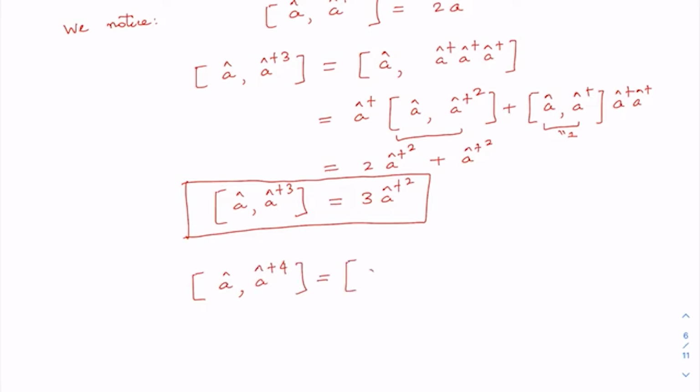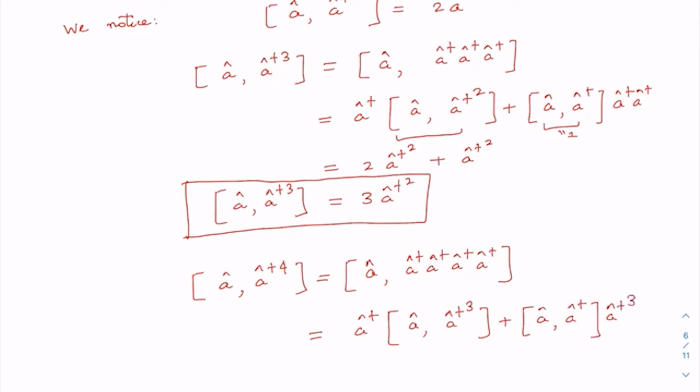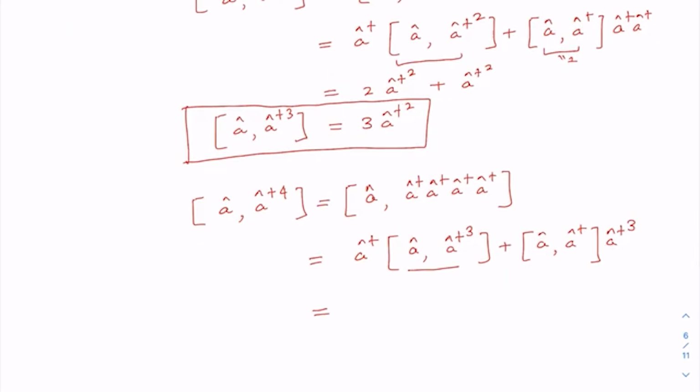Again, in a similar way, we can write it as [a, a†⁴], with four a†s multiplied, and this we can write as [a, a†] a†³ plus a† [a, a†³]. The commutator with a†³ we have already worked out, so we have 3a†² times a†, giving 3a†³, and [a, a†] is equal to 1, so this gives a†³, so this will be 4a†³.